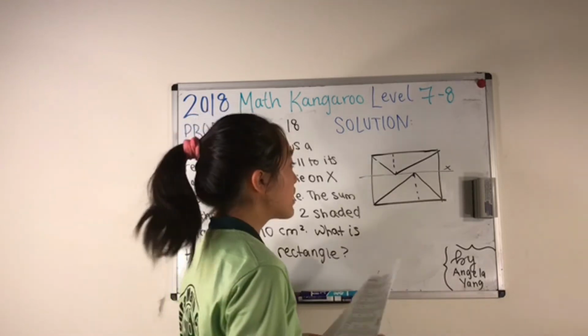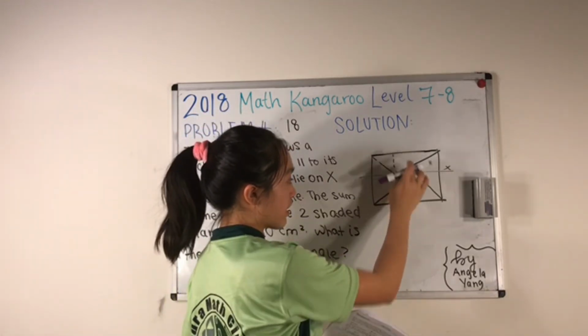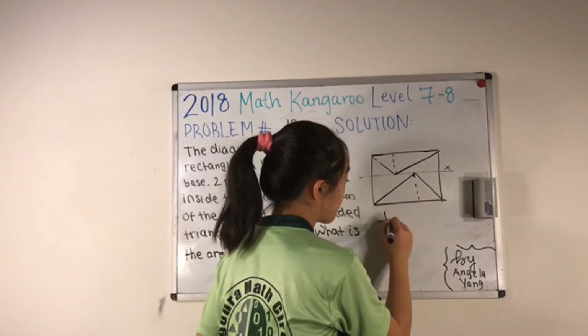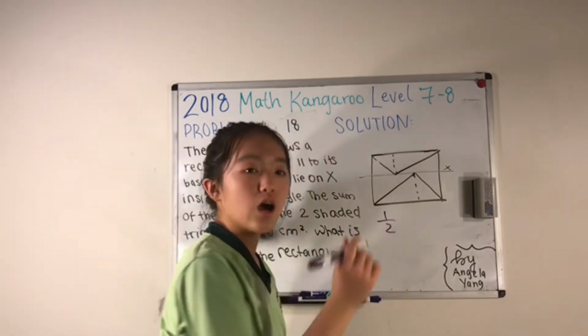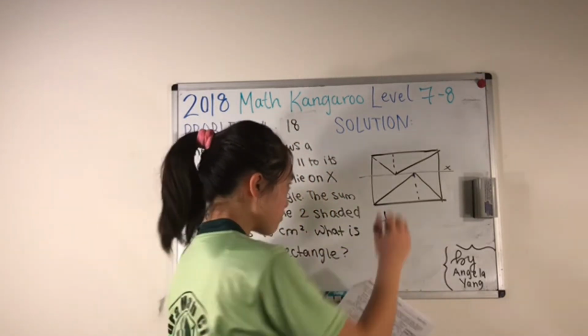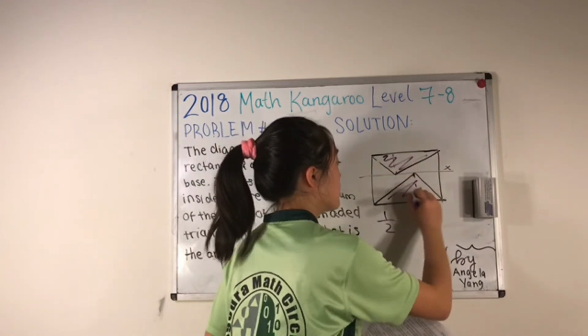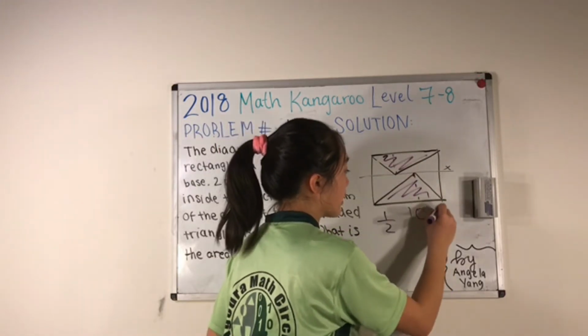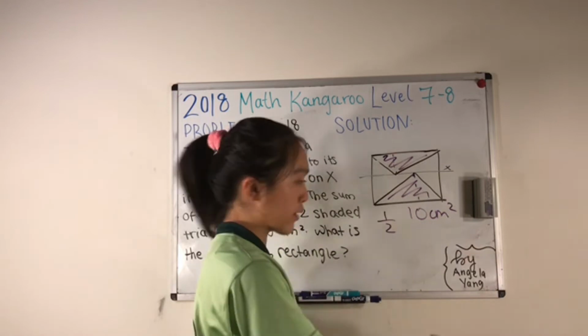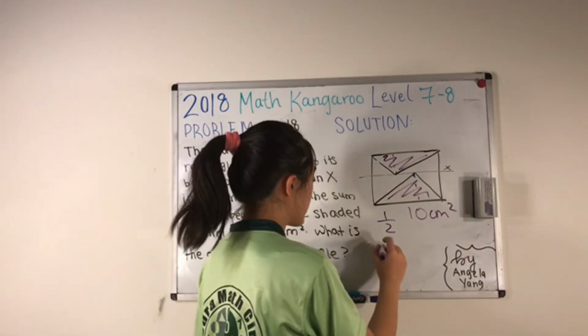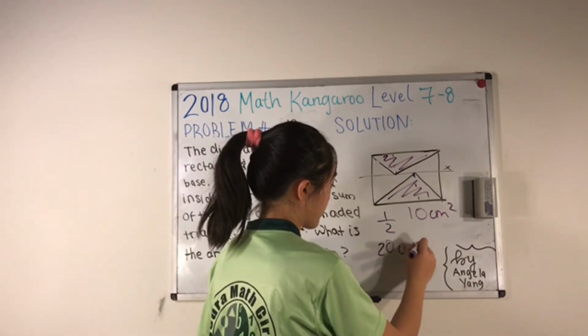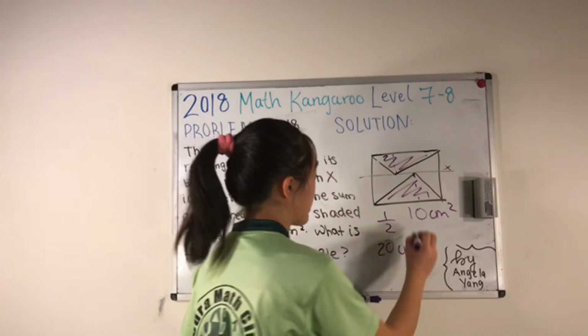So that means this shaded area would have to be 1/2 of the total area. And since we know that these triangles' total area is 10 centimeters squared, if that's half of the total area, then the total area is 20 centimeters squared. So our answer would be letter B.